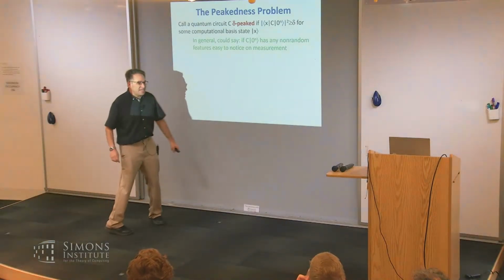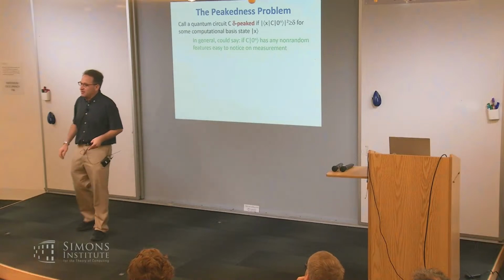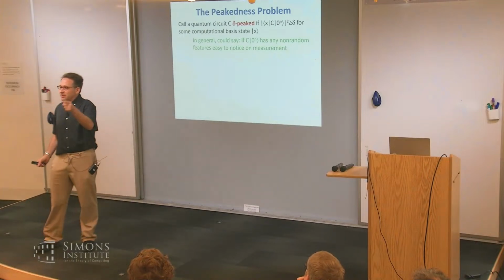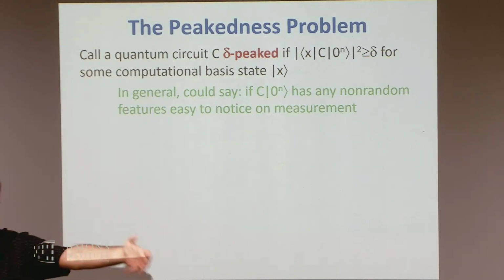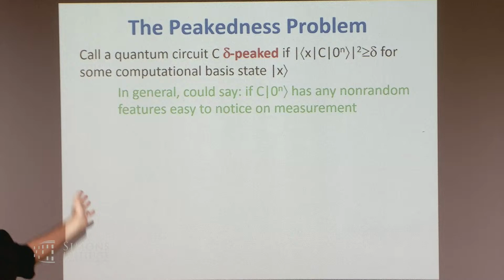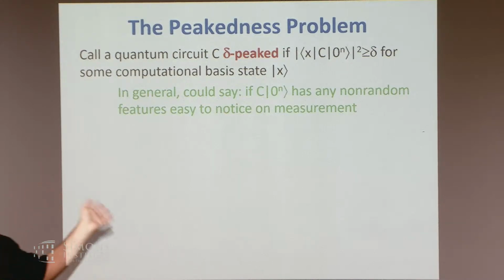So a couple years ago, I sort of put my finger on a problem that seems to capture at least part of what we want to know here. And I've mentioned it in previous talks. Some of you have seen it, but let me review what it is. So I'll call it the peakness problem.